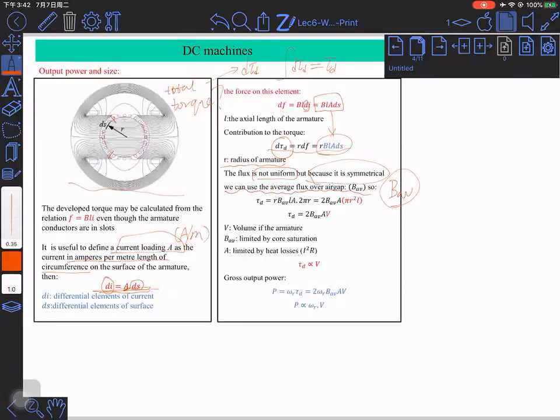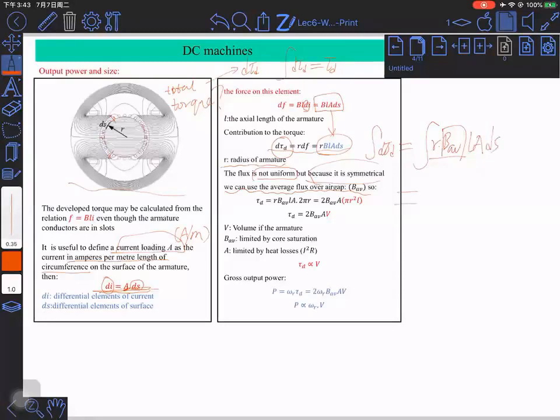Now, if we do the integration with the average flux density, B average, what is going to happen? Let's do the integration here. The integration of d tau d is just equivalent to the integration of R, because for B we are using the average, which is equivalent everywhere in the air gap, times L and A, both of them constant, times ds.